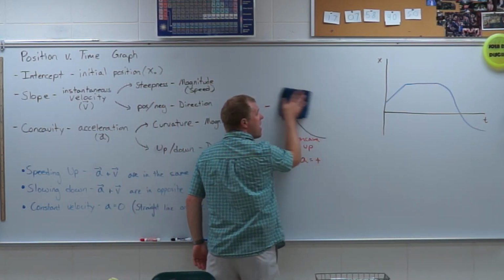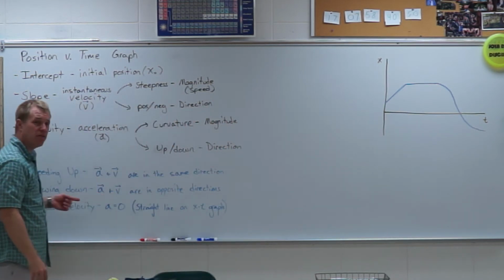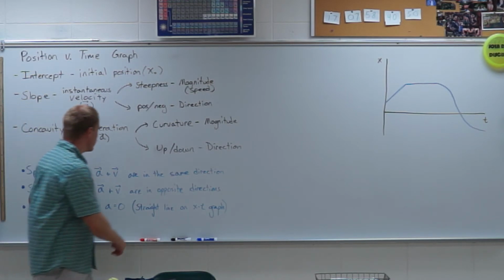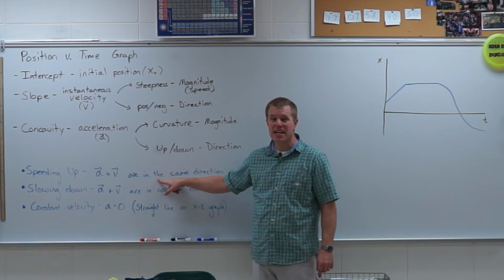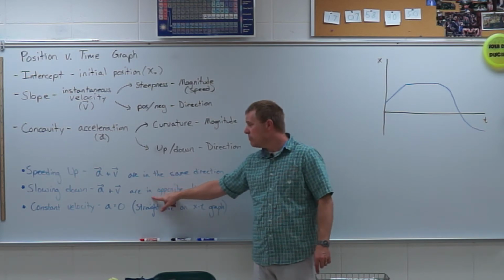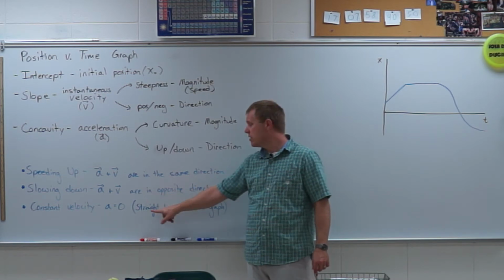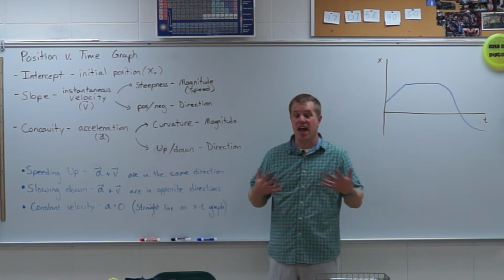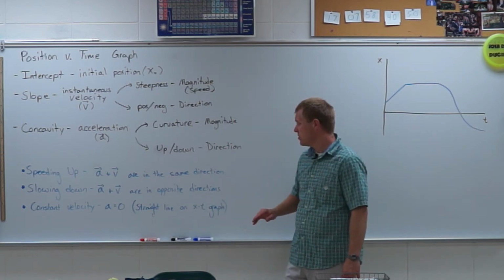To figure that out, we need to look at the relationship of velocity and acceleration's directions. So if velocity and acceleration are in the same direction, it's speeding up. If velocity and acceleration are in opposite directions, it's slowing down. If it has a constant velocity, that's because the acceleration is 0. It doesn't have a direction. Okay? This would be seen as a straight line on a position versus time graph.